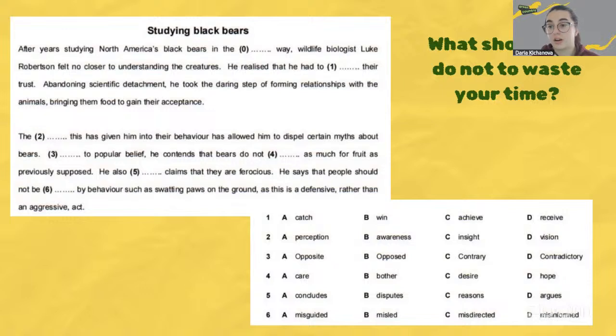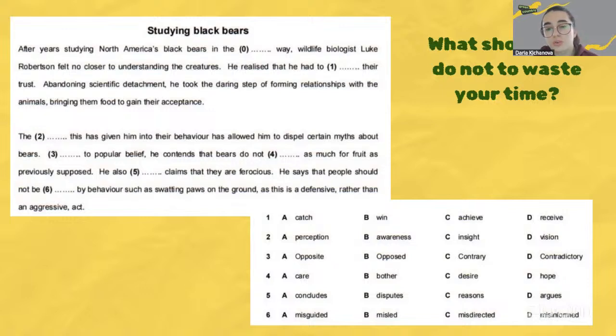Next step, what I would do is question number 2. We have got perception, awareness, insight, and vision. So here we have some new knowledge about this bear and the behavior of this bear.